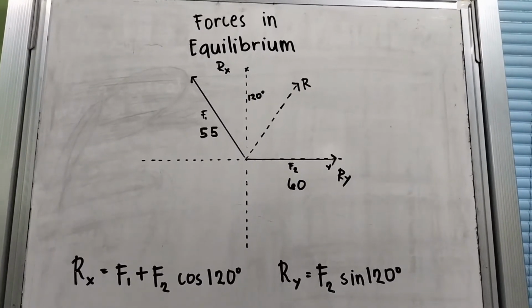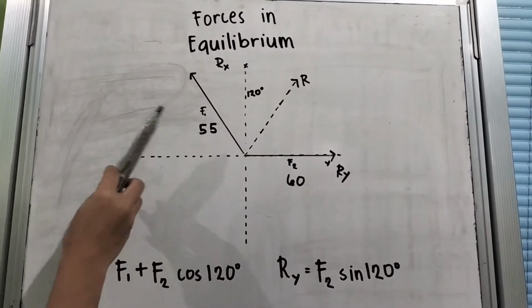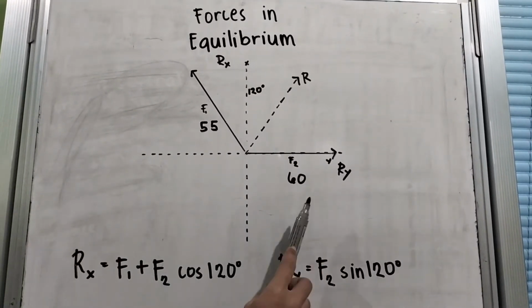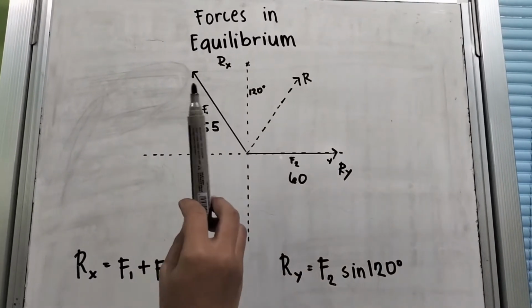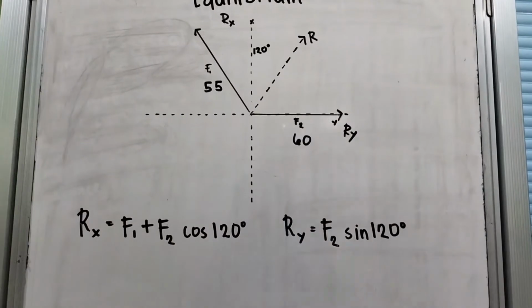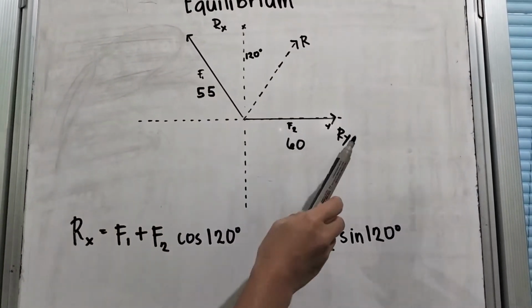So, let's assume that the value of force 1 will be 55, then the value of force 2 will be 60. So, before we get the value of this R, let's get the value of this Rx and Ry.